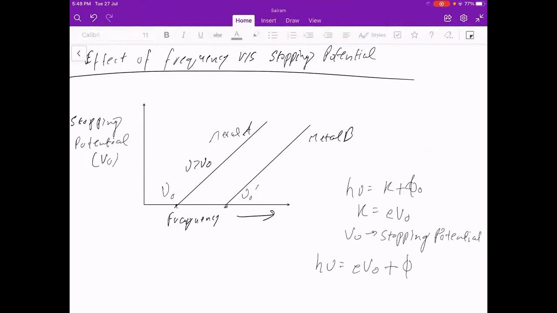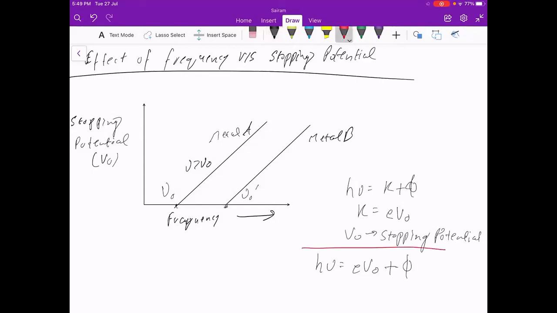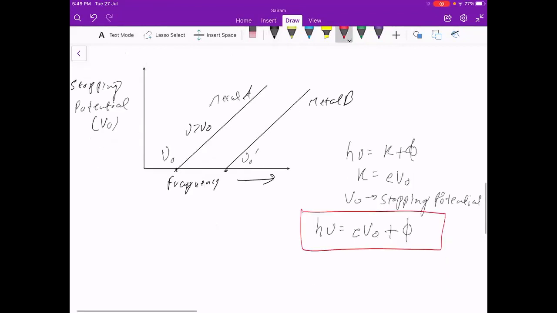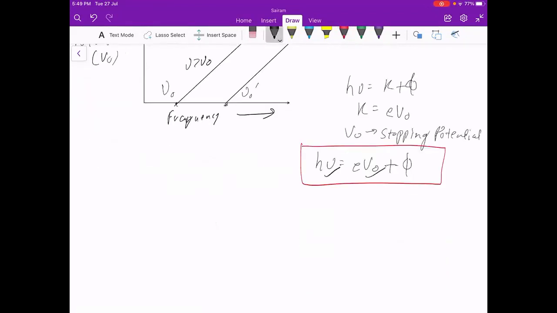So instead of writing what you had written earlier, K plus phi naught, you can also say it is eV naught plus phi. So h nu is equal to eV naught plus phi. Now you can see that nu versus V naught is a straight line equation, y equals mx plus c, wherein nu equals e by h V naught plus phi by h.